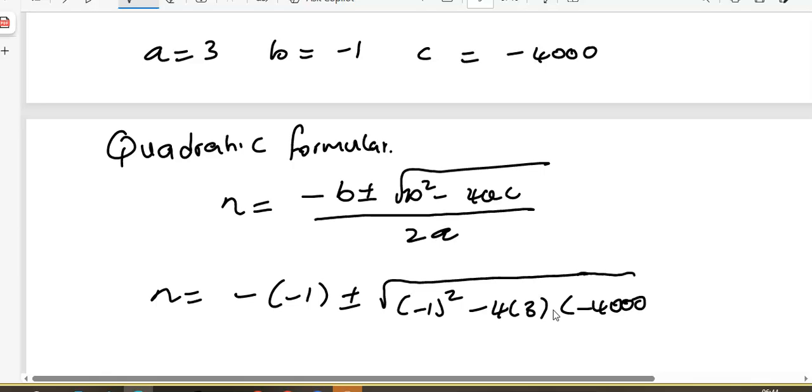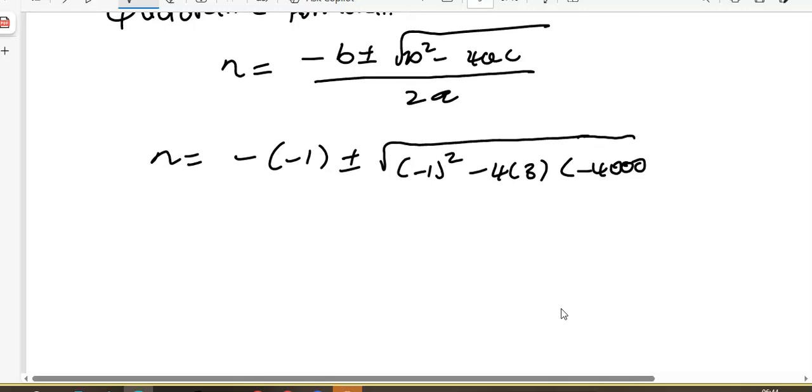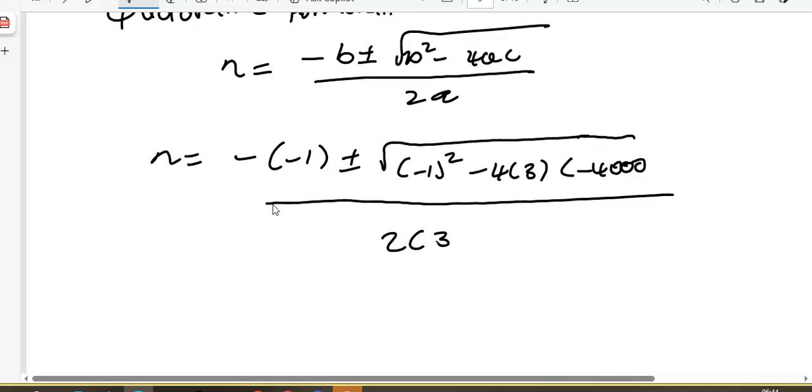Make sure you do the correct substitution. Then divide by 2 into a, which is 3. So you just have to punch that on the equation. You'll get that your n is what?